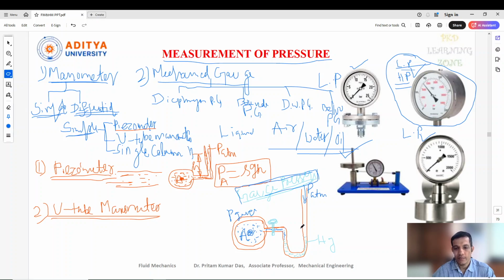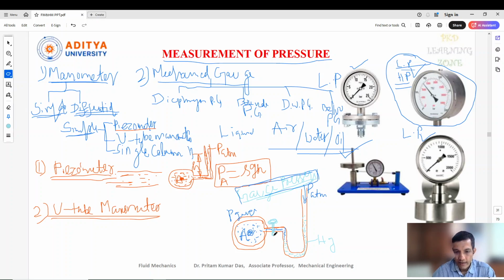When it gives an impact on the mercury, we can see a rise in the mercury towards this side.